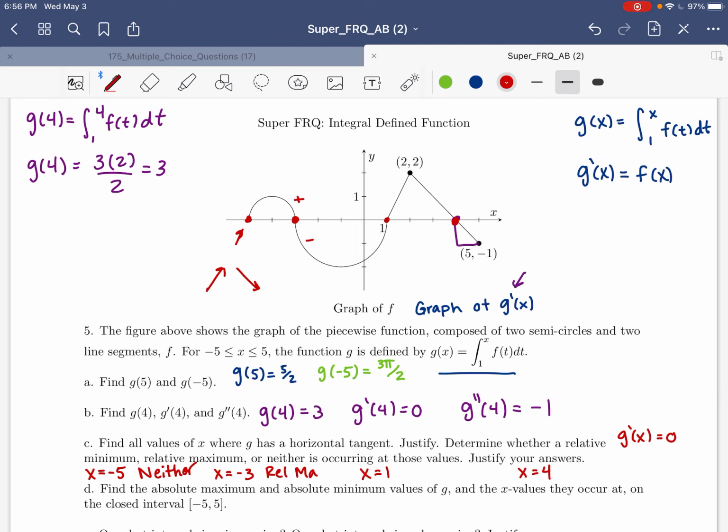So that's going to be a relative max. X equals 1 changes from negative to positive. Negative to positive is decreasing to increasing, so that's going to be a relative min. Then x equals 4, it's going to change from a positive to a negative, so once again it's going to be a relative max.